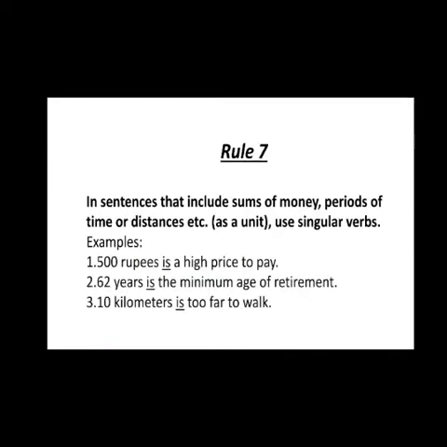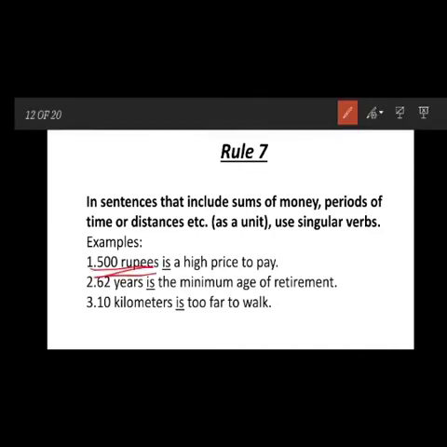Rule 7. In sentences that include sums of money, periods of time or distance, etc., treated as a unit, when we are talking about a particular unit, measurement or money, we always use a singular verb. This kind of unit always takes the singular form, as when you ask how much it is, how much the measurement is. So measurements and currency always take a singular verb.